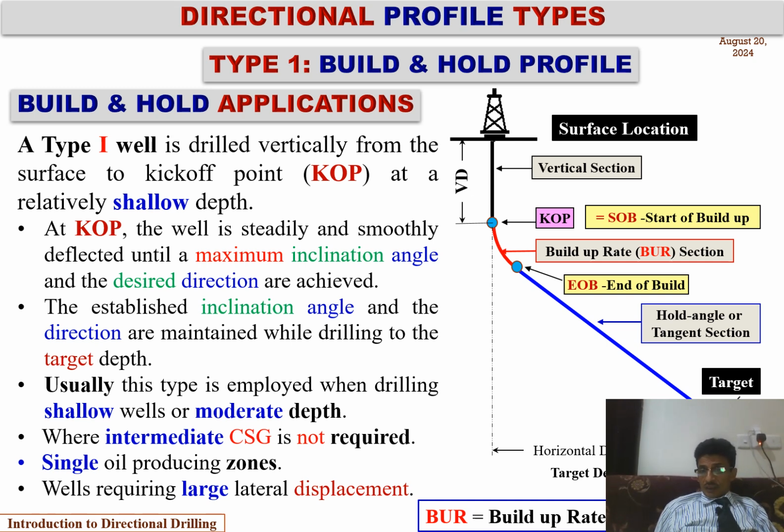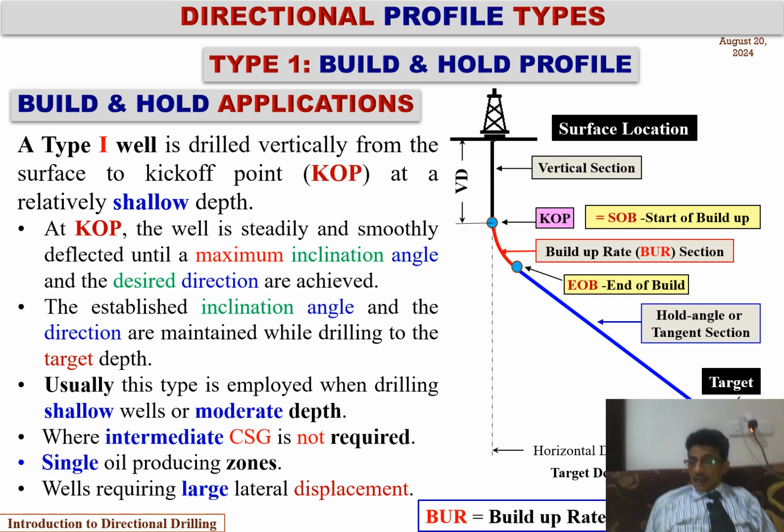The kickoff point is the start of the build-up rate. The build-up rate section gains inclination angle from the vertical to the end of build-up. After that comes the third section, the hold angle, or tangent section. We should go straight, directional, to the target of the well.